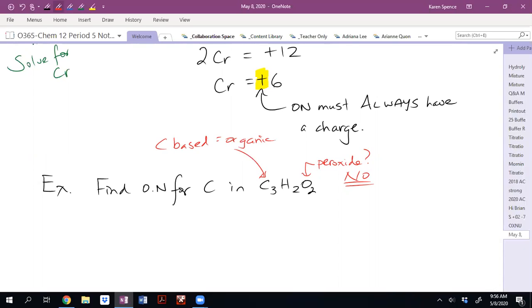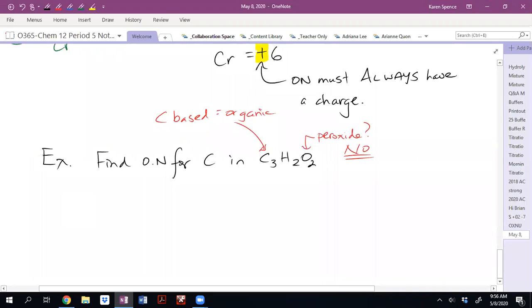Okay, so let's try this. We are going to add up the number of all the elements.